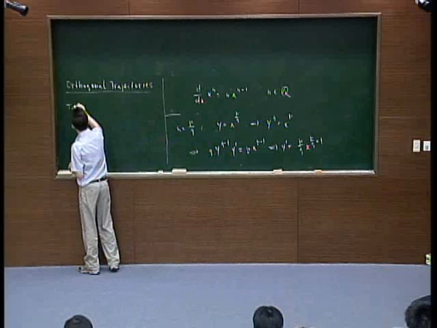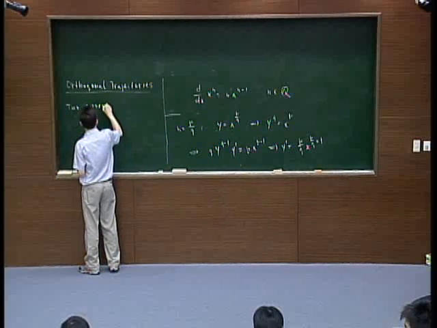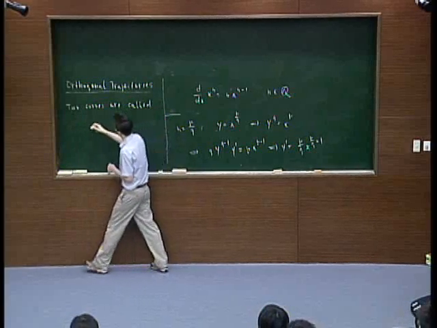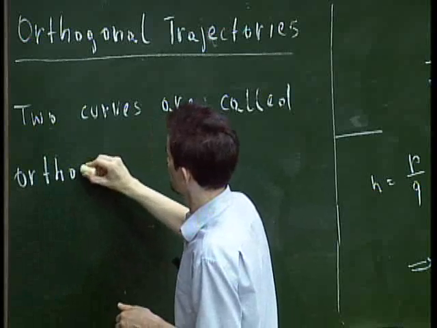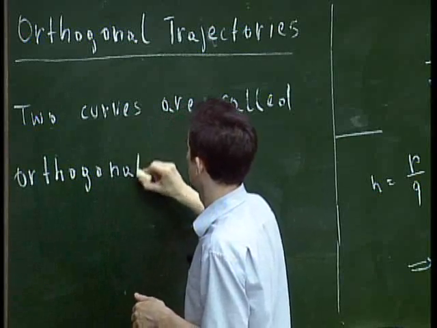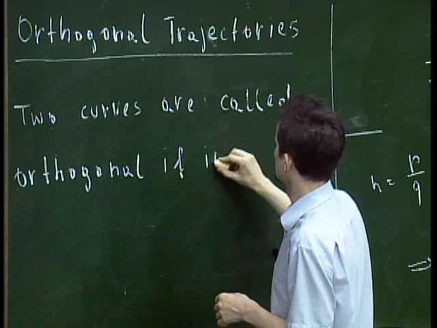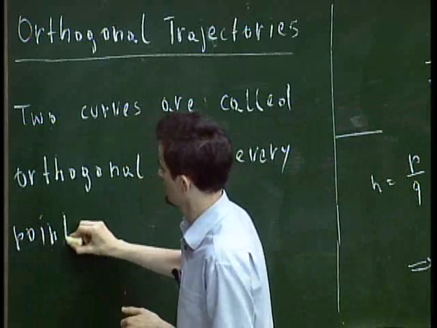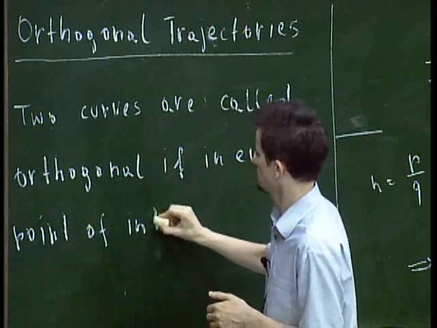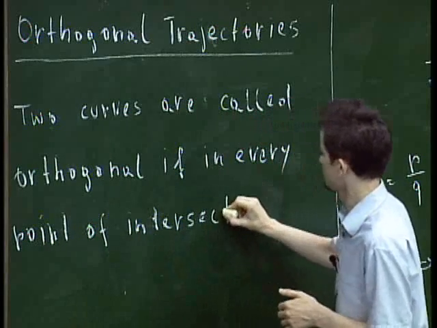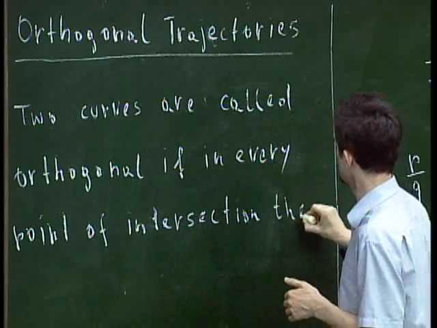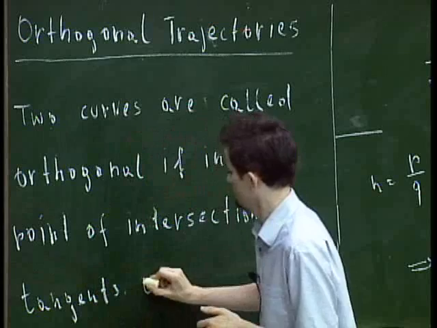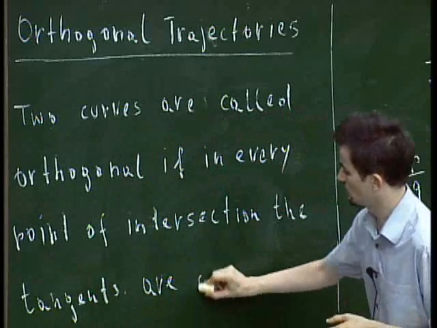So two curves are called orthogonal if in every point of intersection the tangents are orthogonal.